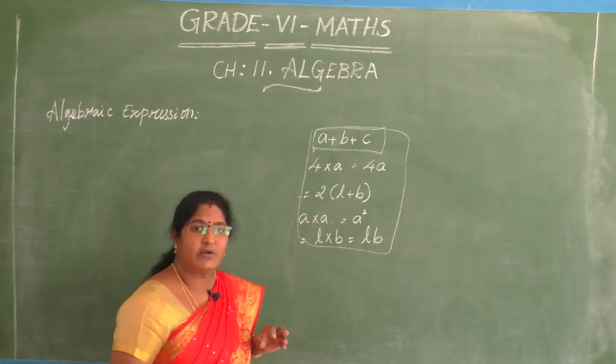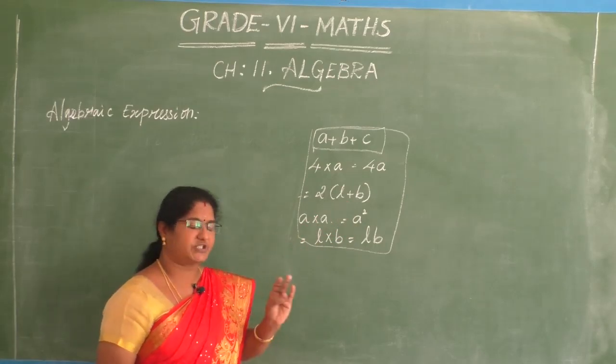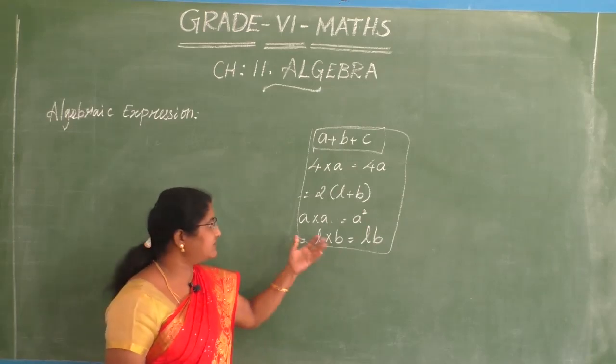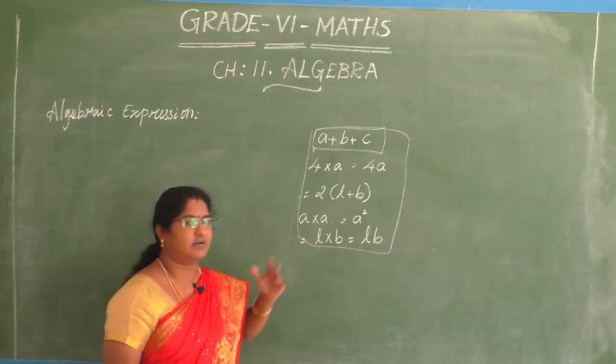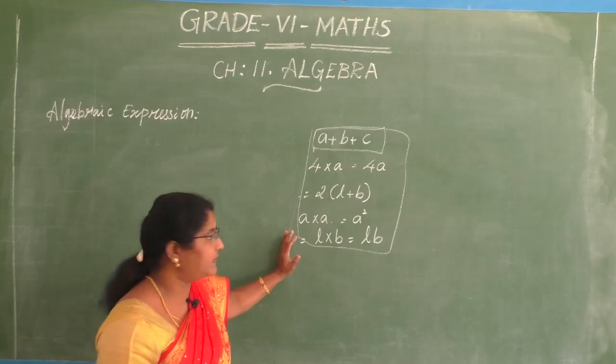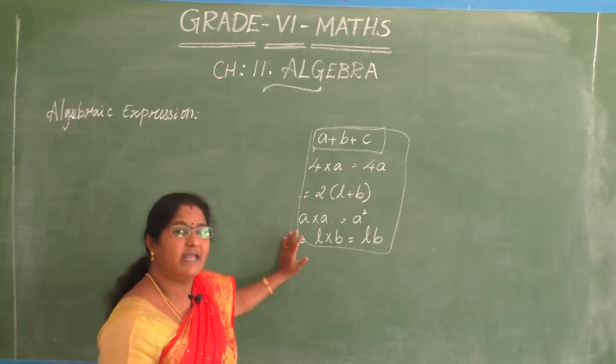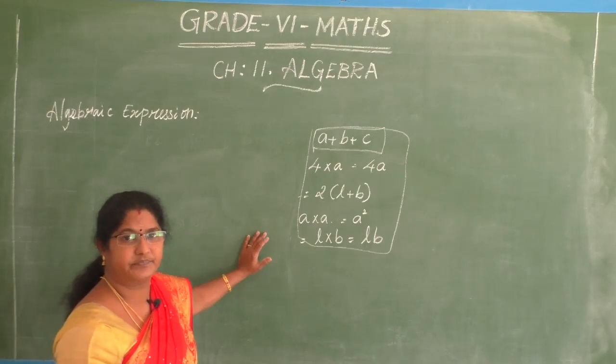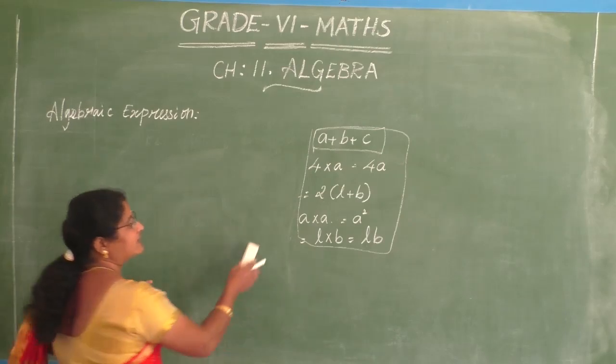The arithmetic operations are addition, subtraction, multiplication and division. All these 4 operations with some variables and constants are called algebraic expressions.